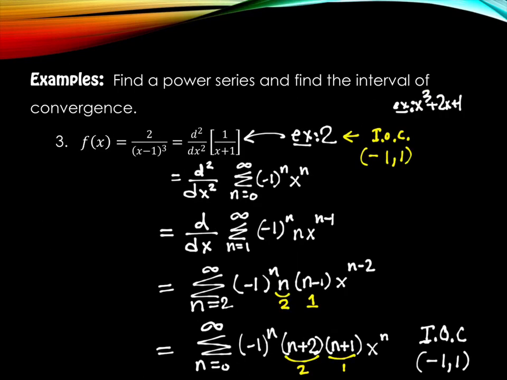The interval of convergence here really is negative 1 to 1. And the reason why is because if x is equal to positive or negative 1, either way, you have an alternating series. That's fine. But what can you tell me about this particular alternating series?